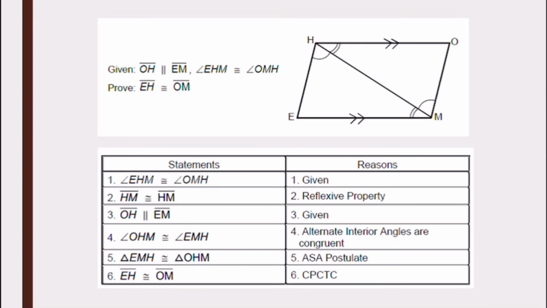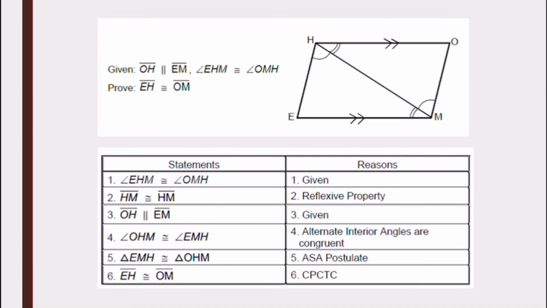For our fifth statement, we have triangle EMH is congruent to triangle OHM. And the reason here is by ASA postulate. And for our last statement, we have line segment EH is congruent to line segment OM by CPCTC.